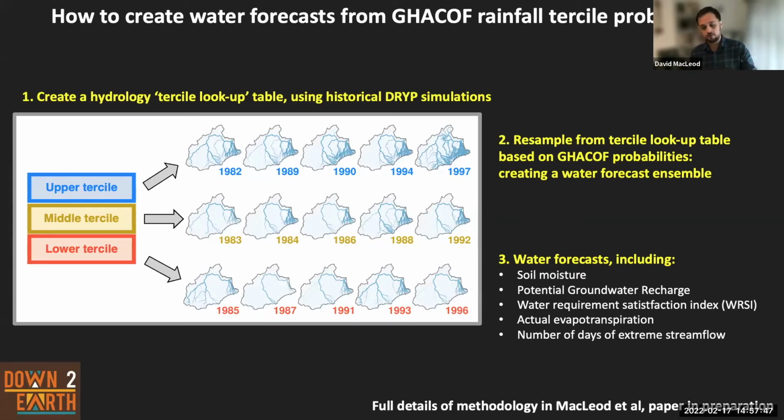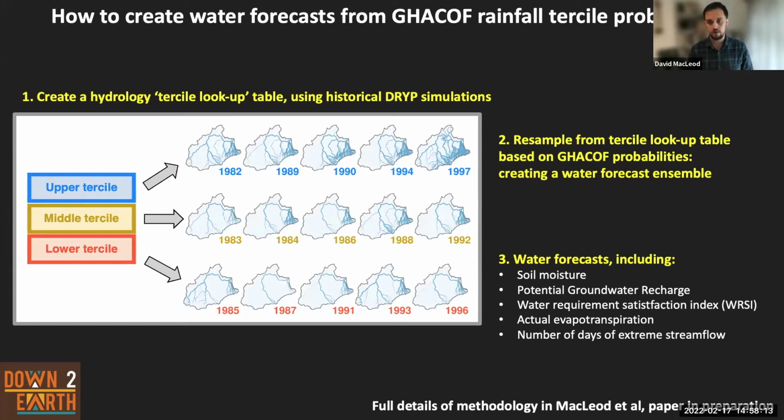So in our resultant ensemble, half of the members are outcomes which could occur with an upper tercile year, 25% from a middle tercile and 25% from a lower tercile. So now we've got a water forecast ensemble which is consistent with GHACOF probabilities and is faithful to those key dryland processes.